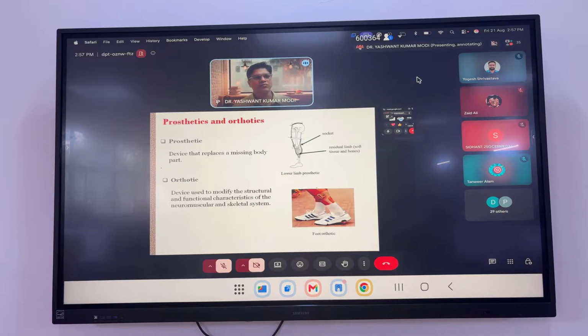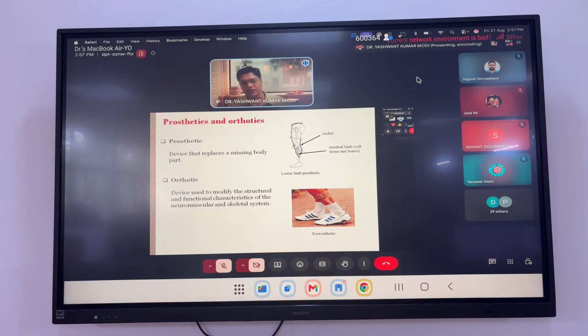Next area is prosthetics and orthotics. Prosthetics are basically devices that replace missing body parts, whereas orthotics are devices used to modify the structural and functional characteristics of the neuromuscular and skeletal system. So basically there are three things: implant, prosthetics, and orthotics.